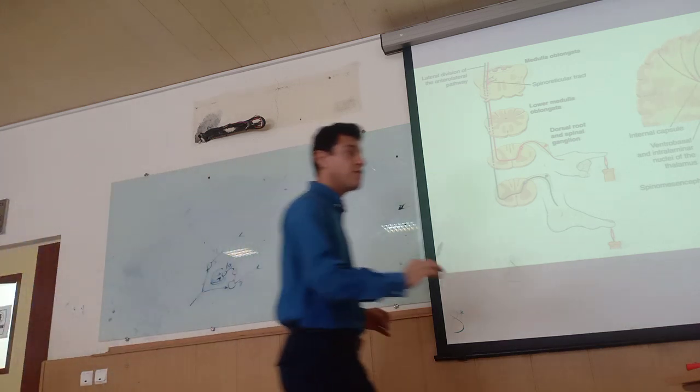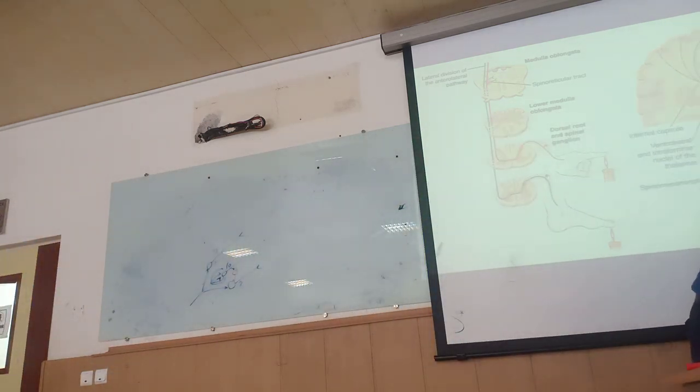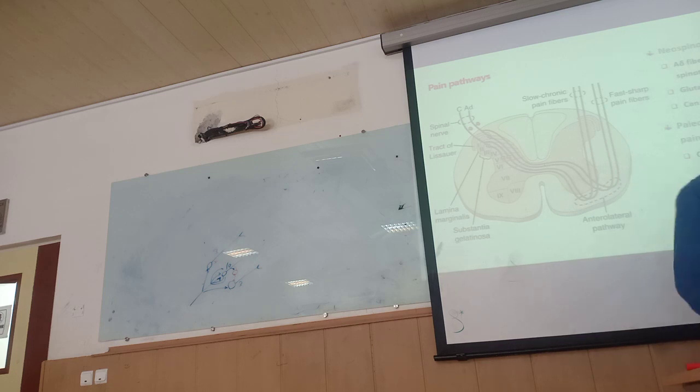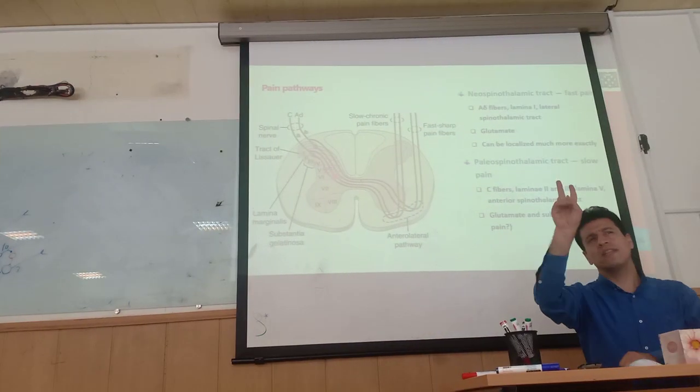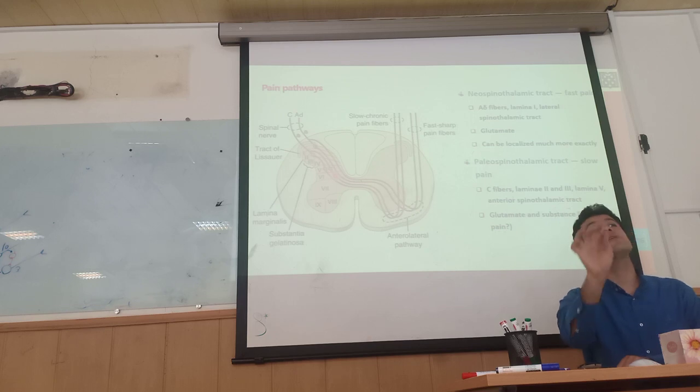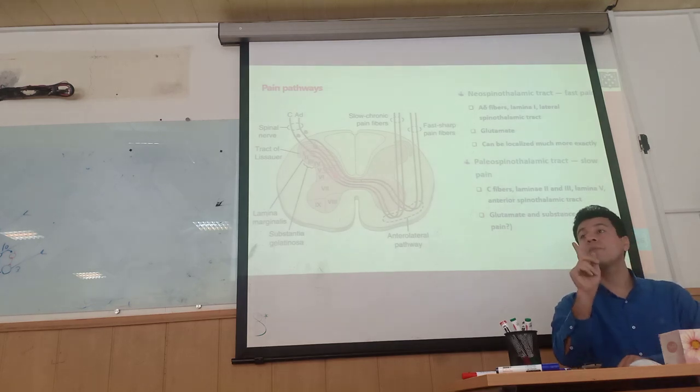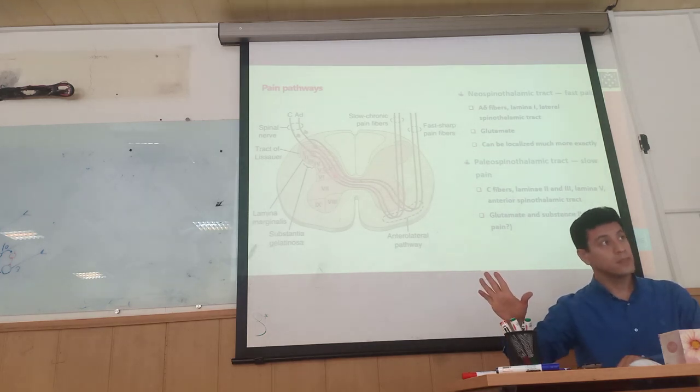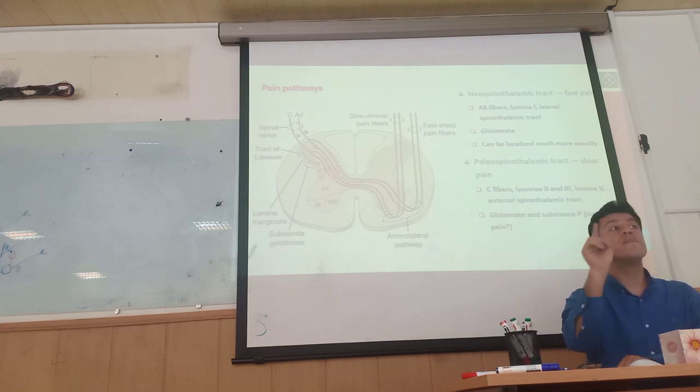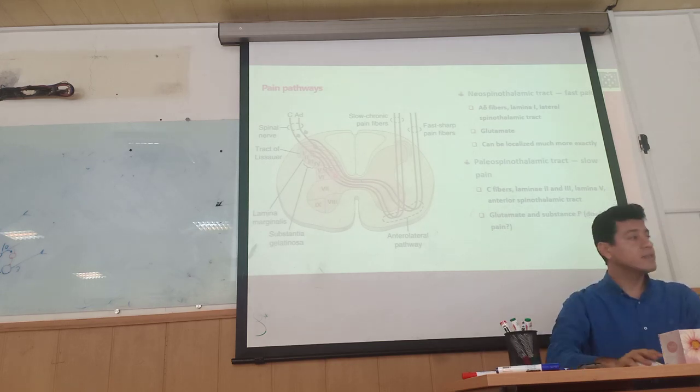Right? These are main differences. So, let's see the pain fibers. I told you that we have A delta fibers and C fibers for pain. A delta fibers for fast pain. C fibers for slow and chronic pain, right?